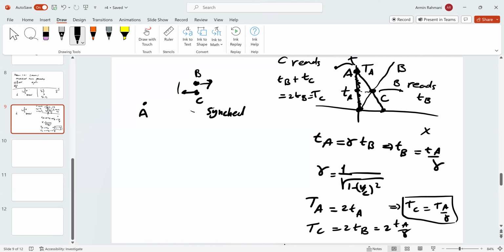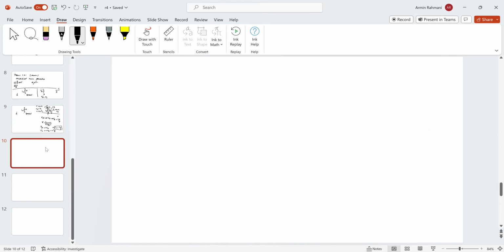And then I'll leave the analysis in C's frame as an exercise. That's actually a similar difficulty, because then B and A also will be moving with different velocities. But yeah, let's do the analysis in B's frame.